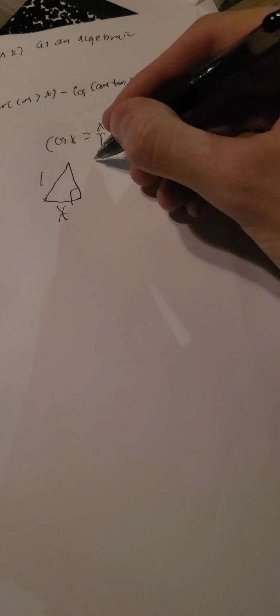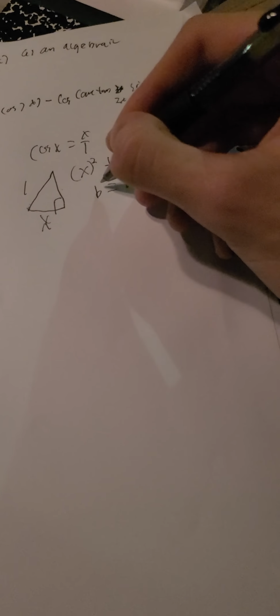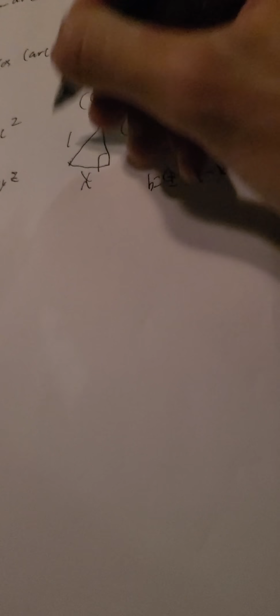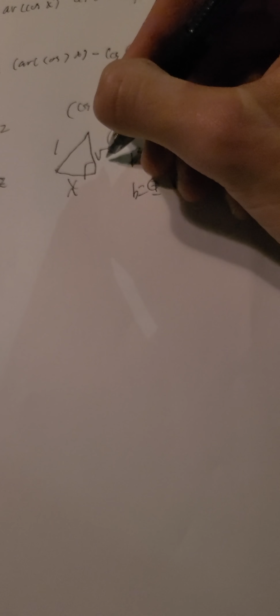So, Pythagorean theorem: x squared plus b squared equals 1 squared, so b squared equals 1 minus x squared, and b equals the square root of 1 minus x squared, which is positive because it's a right triangle.